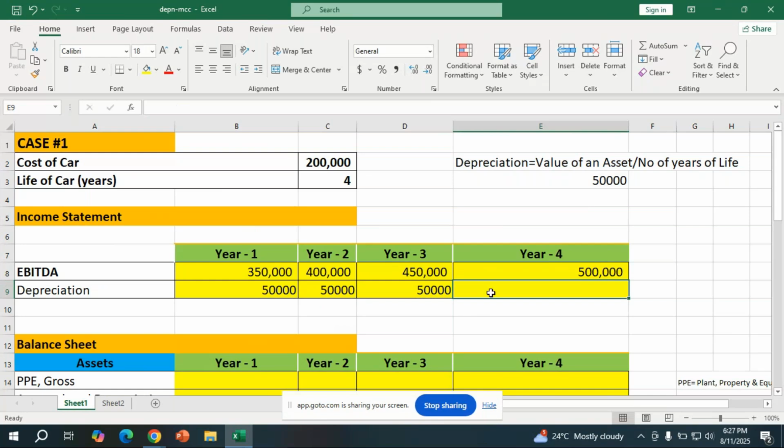And now the payment is done. So what happens in year 4?